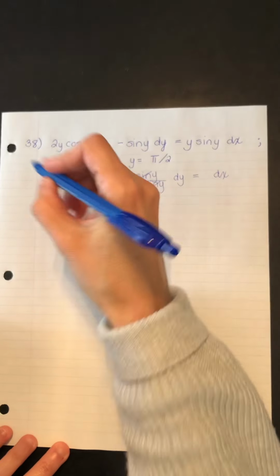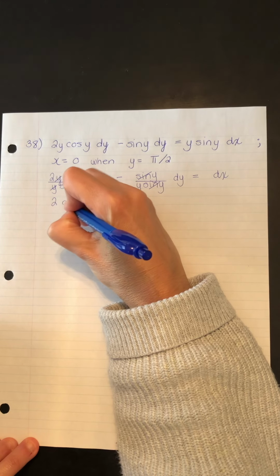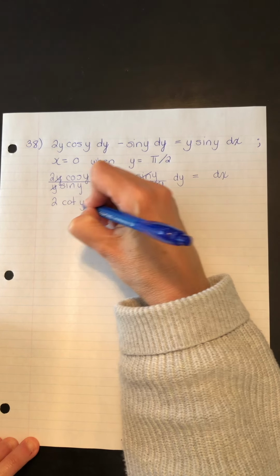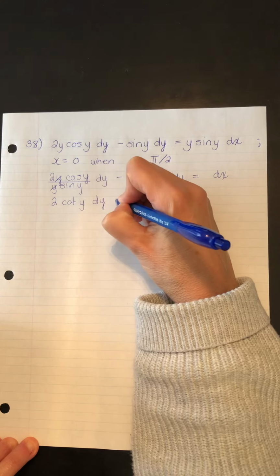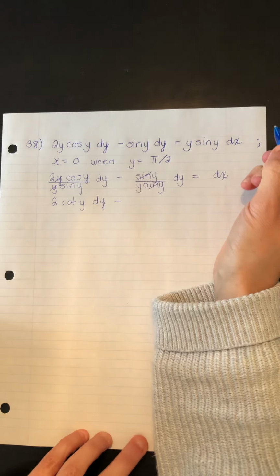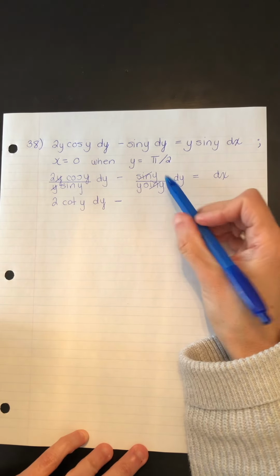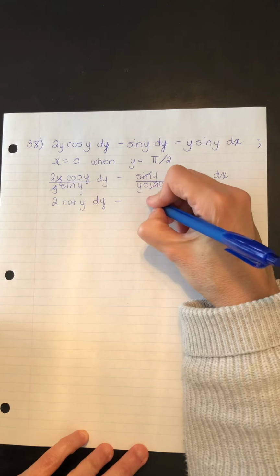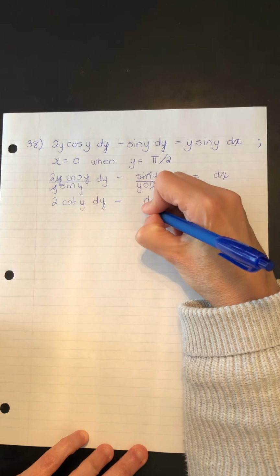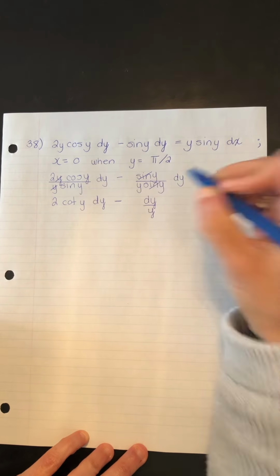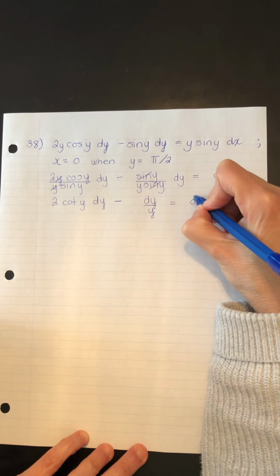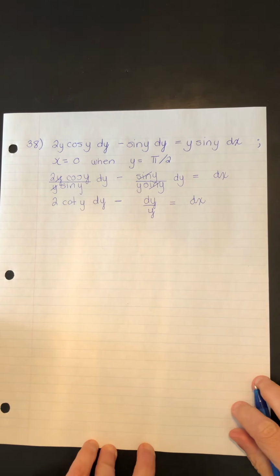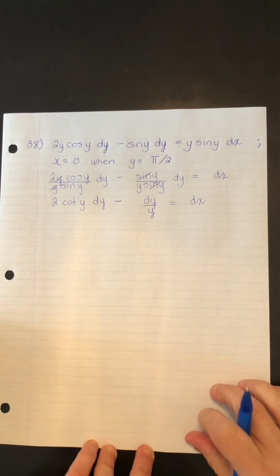So this term becomes 2 cotangent y dy. The next term is just 1 over y dy or dy over y. And here just dx. And now everything's set.